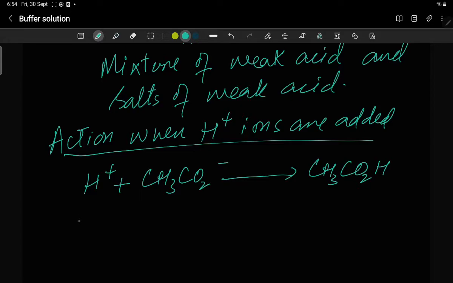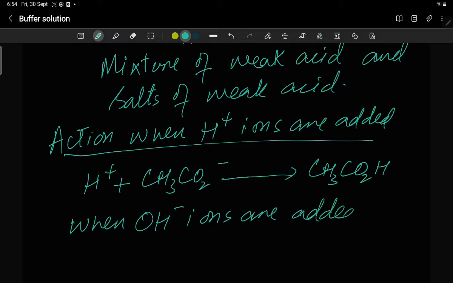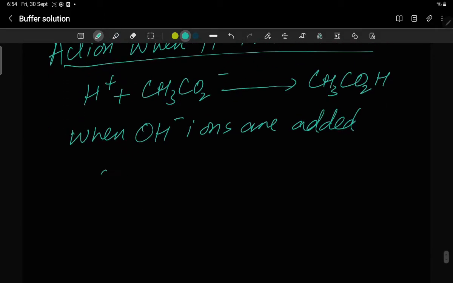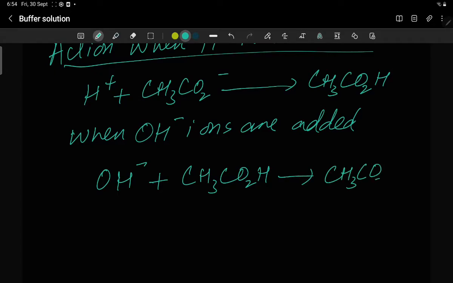And when OH ions are added: OH negative plus CH3CO2H to form CH3CO2 negative plus water.